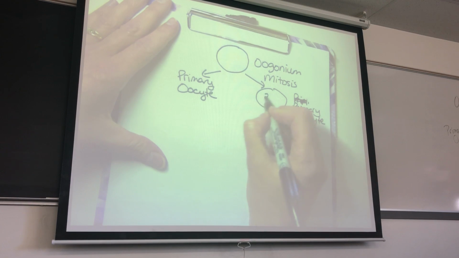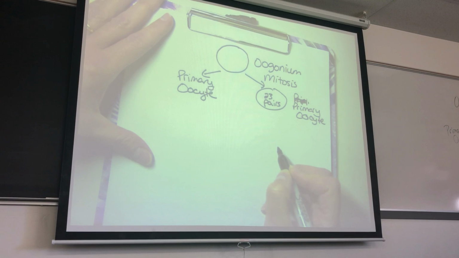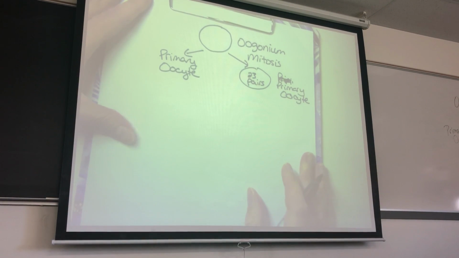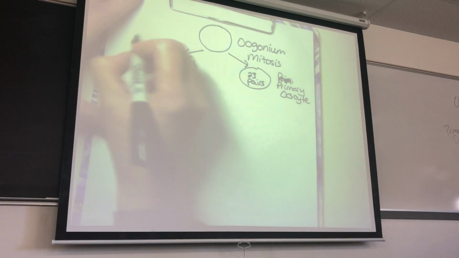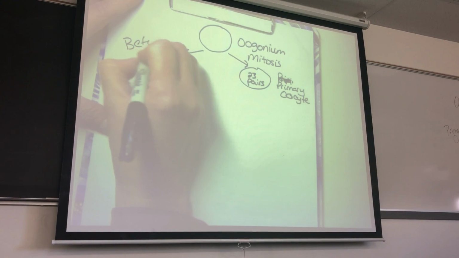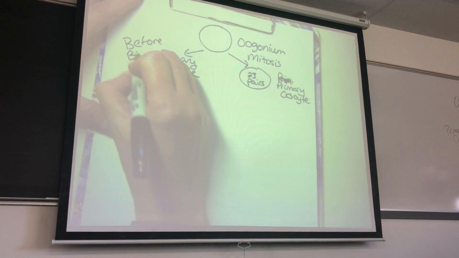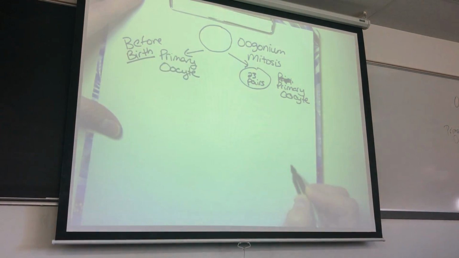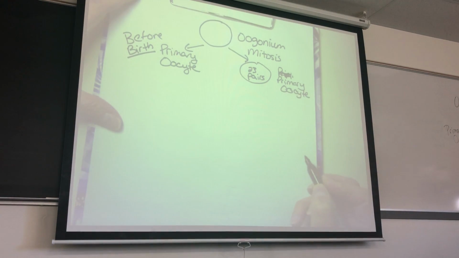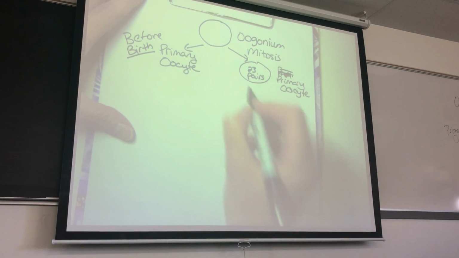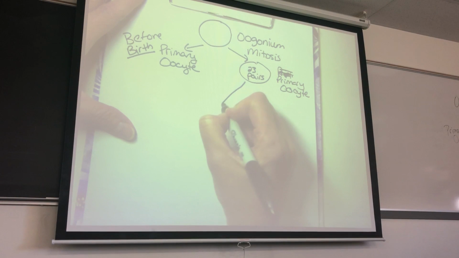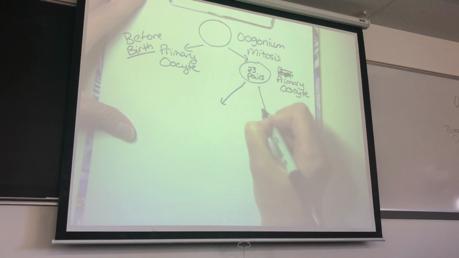Each one has 23 pairs of chromosomes, right? And each one is going to go through meiosis. So this is still before birth. Before birth, right? So the primary oocyte starts the process of meiosis 1.